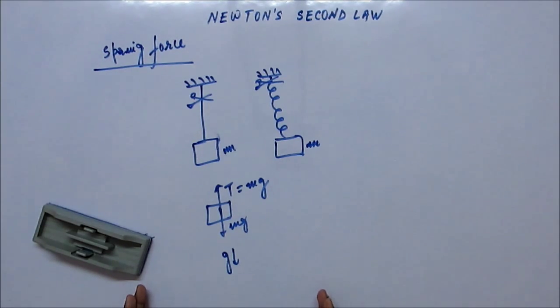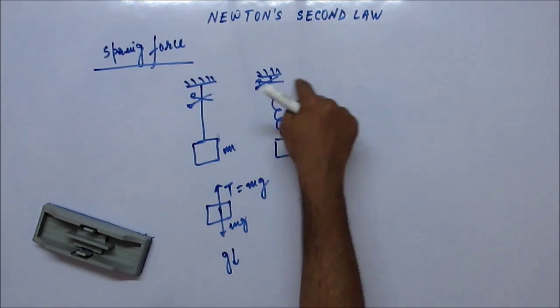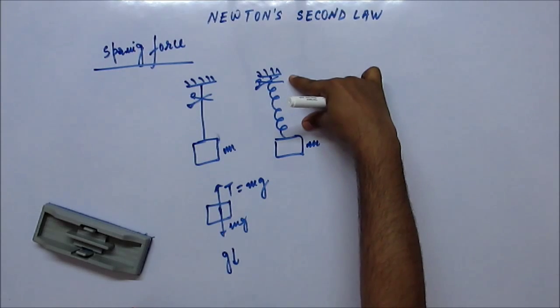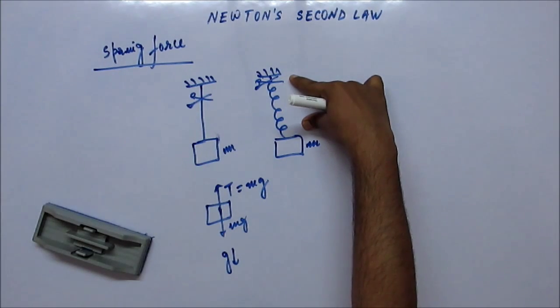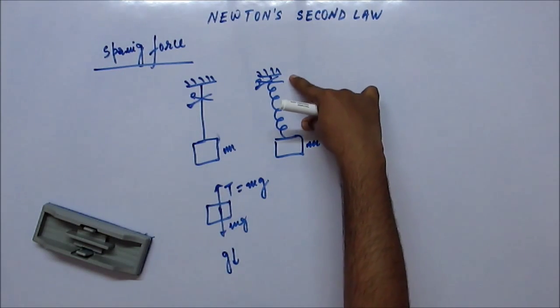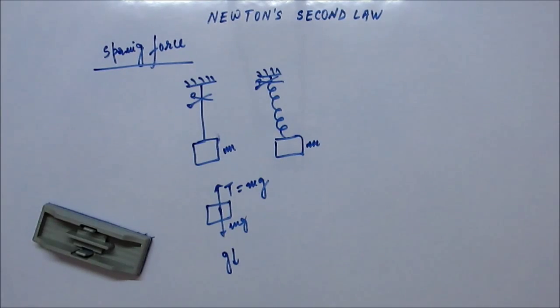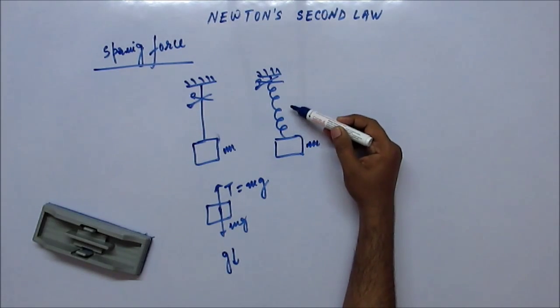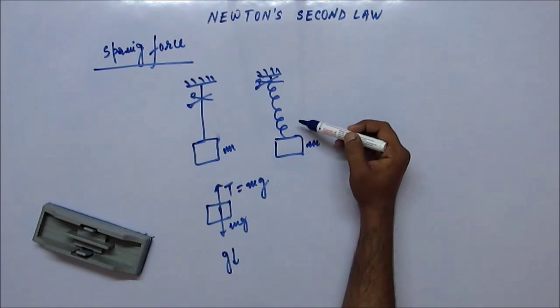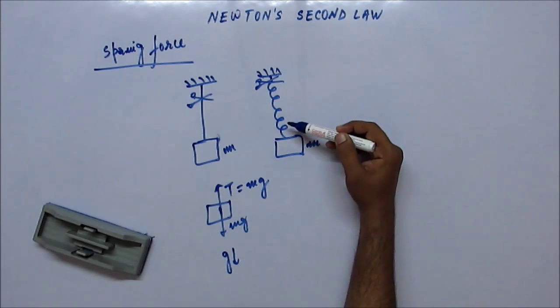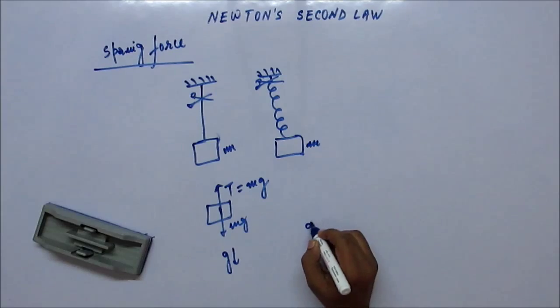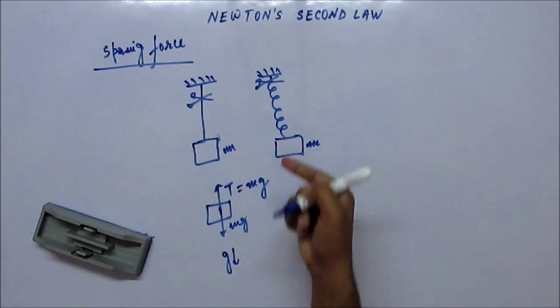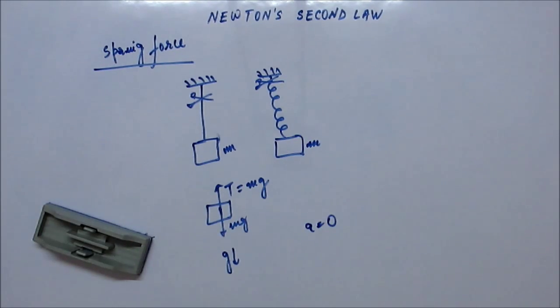At that very instant the spring force will continue to exist even if you cut the spring. If you cut it, the spring will remain stretched. If it remains stretched at that very moment, then the spring force continues to exist. So at that very moment the net force will still be zero. So acceleration will be equal to zero for the second case, because the spring force does not vanish immediately.